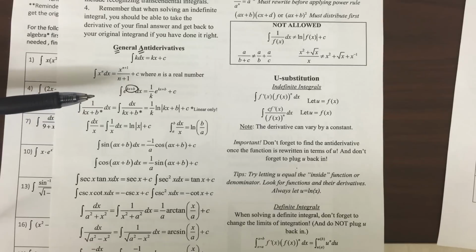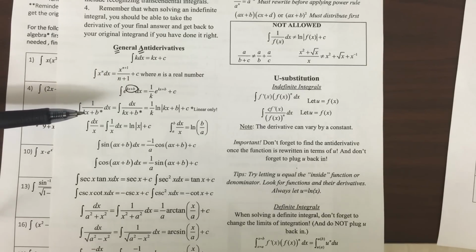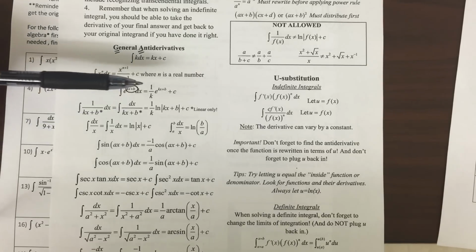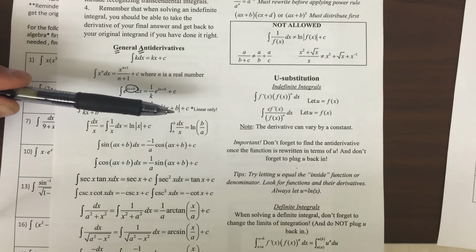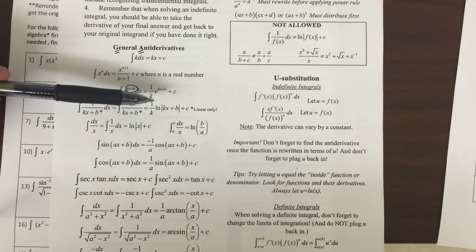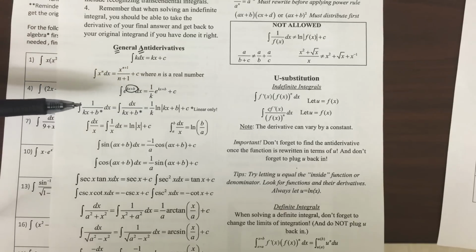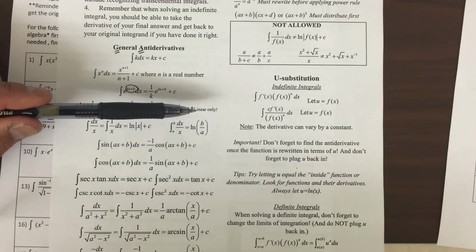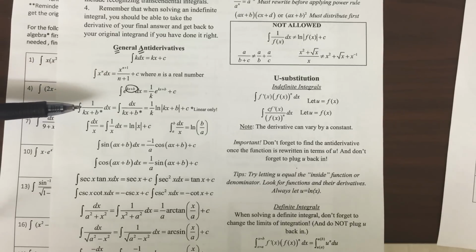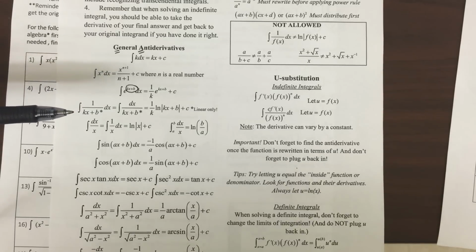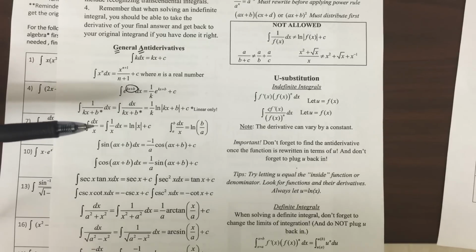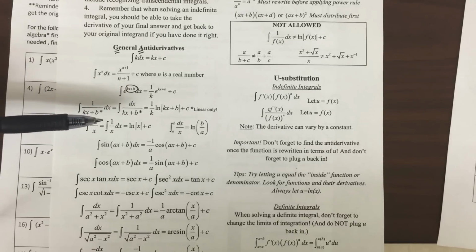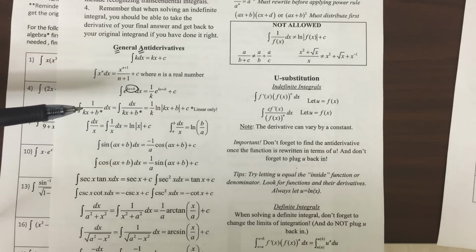So when it's 1 over a linear function or a line, then it will be ln of whatever is in the denominator, but you also multiply that by 1 over the derivative of the bottom. We can prove this using u substitution. That's why there's a star here that says linear only. But if you memorize this, then you don't have to go back to a lot of u substitution. Now here's one of the ones that we have been working with, the antiderivative of 1 over x, and that's ln of the absolute value of x, plus c.